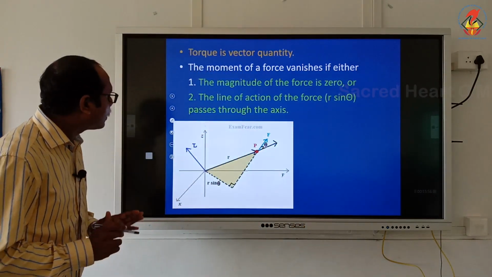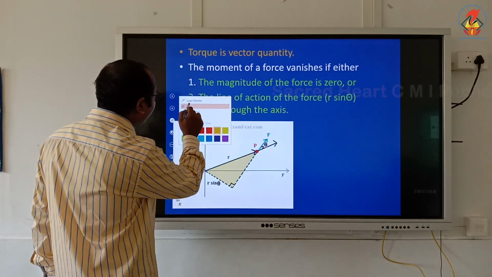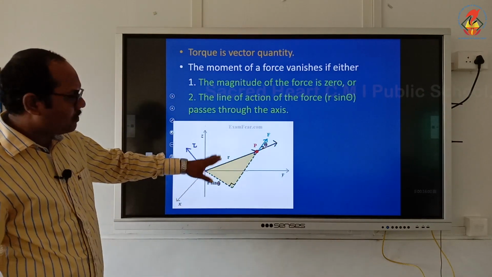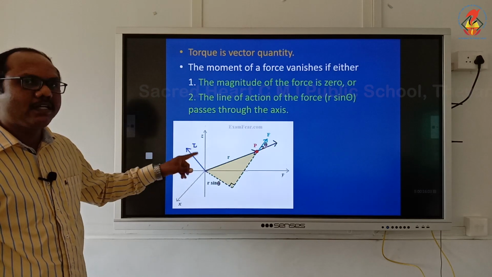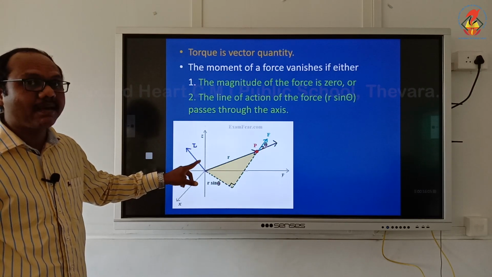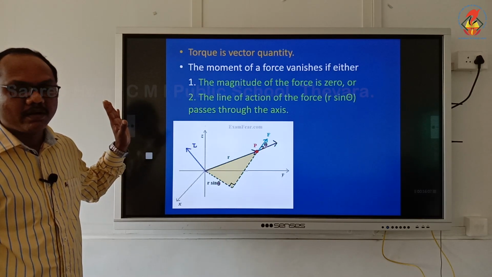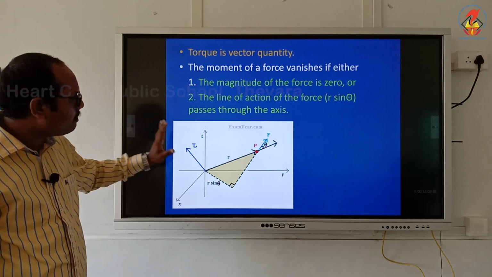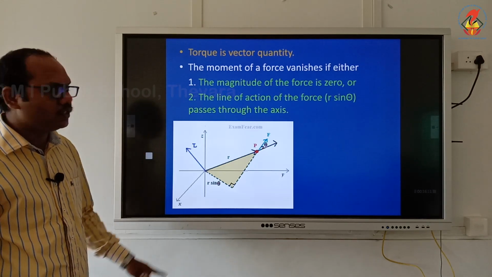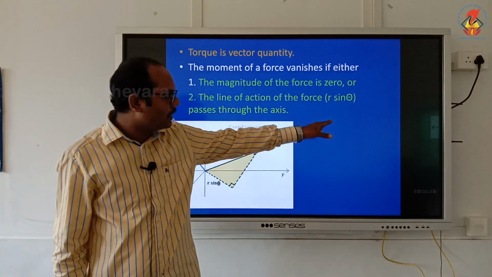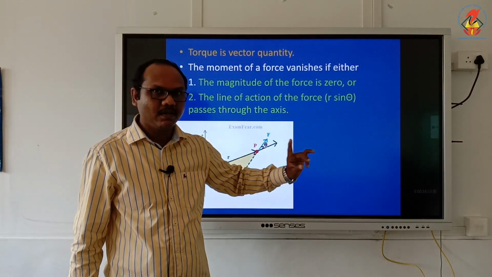Look here. To derive angular momentum, we take the same figure as we took in the case of deriving the torque. I am using the same figure that I used to derive the torque. So I am going to write the expression here itself.